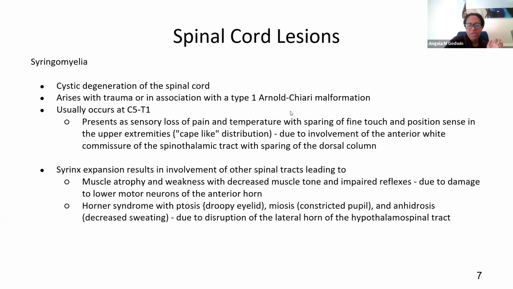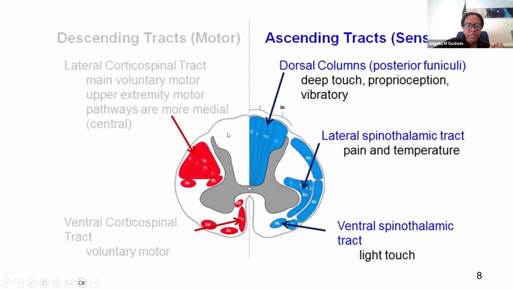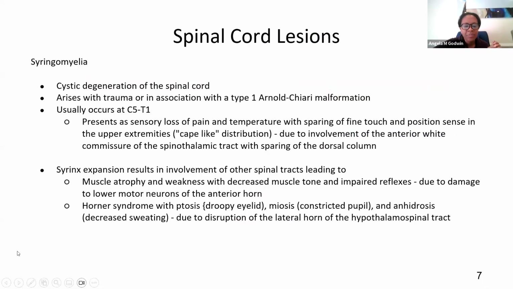And again, let me just show you the picture I'm trying to refer to. This here, the lateral corticospinal tract. And then later on, it could lead into the ventral corticospinal tract. And this is more so leading to muscle tone, weakness, atrophy could occur.